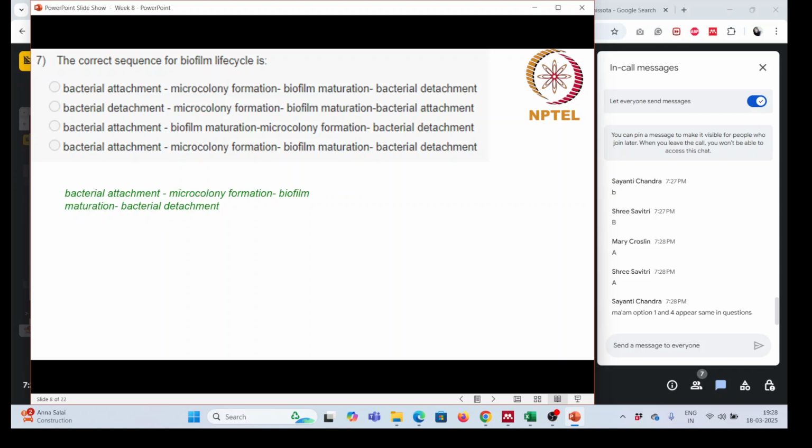So both of these options are correct: bacterial attachment, microcolony formation, biofilm maturation, and bacterial detachment.